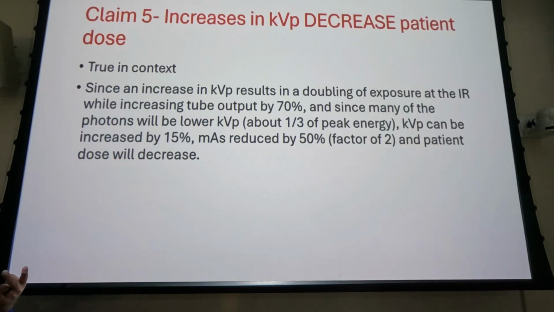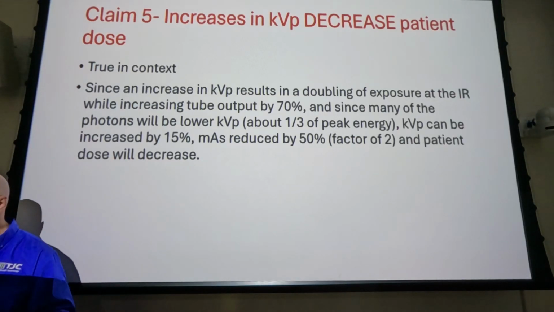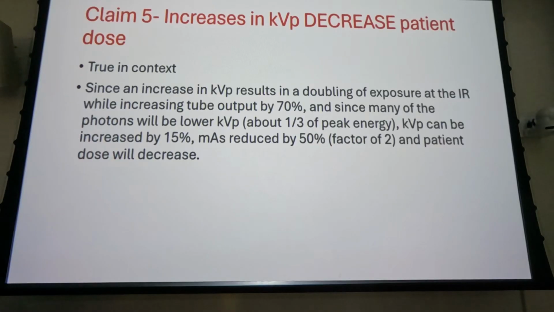So Compton, that's partial absorption, right? Even if they penetrate through, they still lost some energy in the patient. So the more photons that we can get to come out of the patient, the lower the patient dose. So increase kVp, reduce mass, reduce the patient dose.